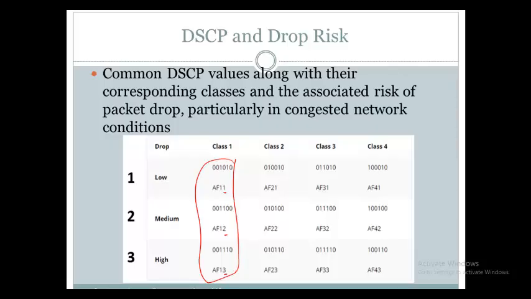So in the ones place, bigger is bad. So this AF13 will get dropped. All the packets among that million with AF13 will get dropped first.